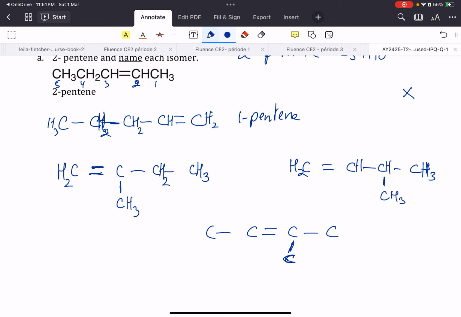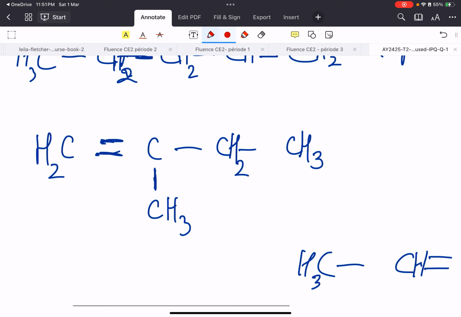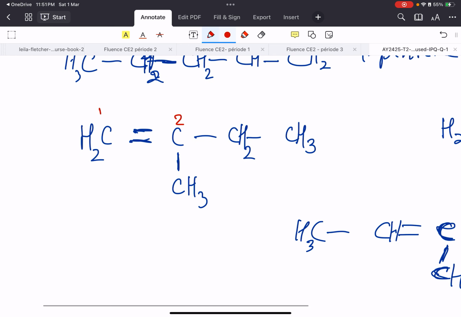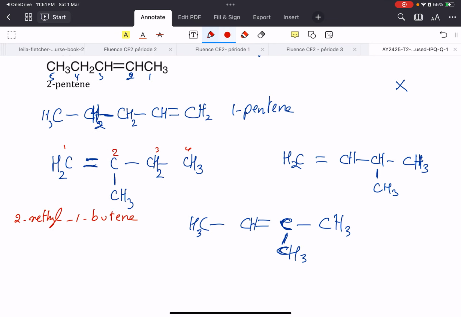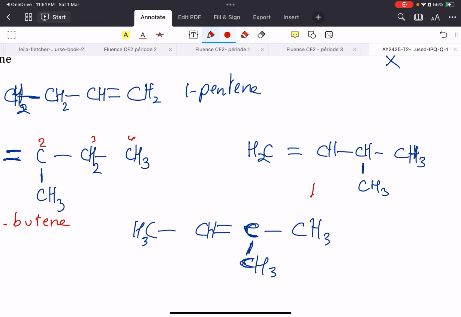Hydrogen. Here 3. Here this carbon, no more hydrogens. Here 1 more, and that's 3. So to name this one, I would say butene on the first and the methyl on the second, whereas this one is butene on the first and the branch on the third.